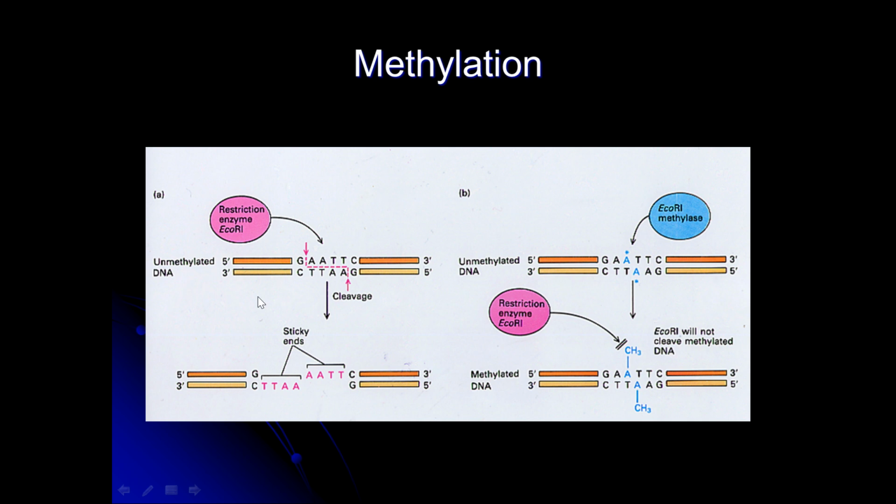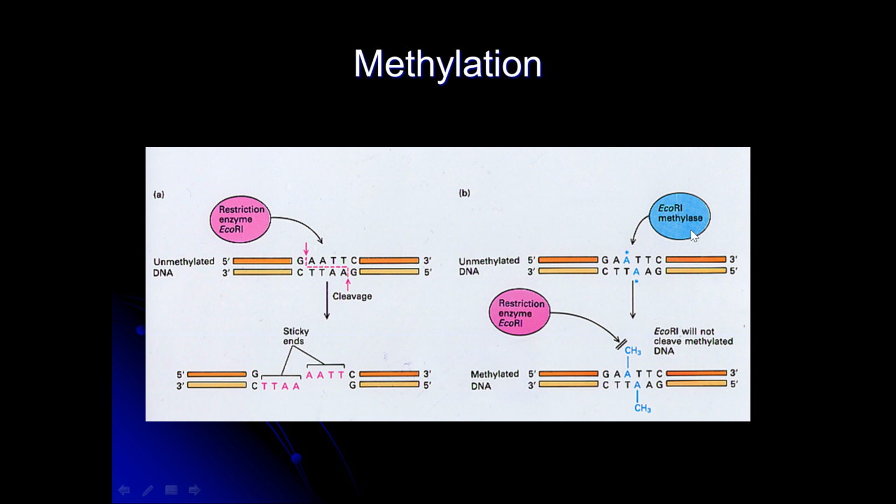So see, this is the unmethylated DNA, and this is a site of EcoRI. EcoRI comes and cuts at this site and produces the sticky end. See here, this is also a methylated group.